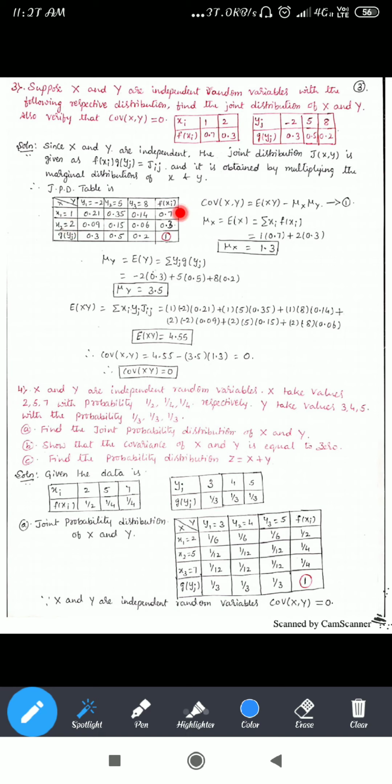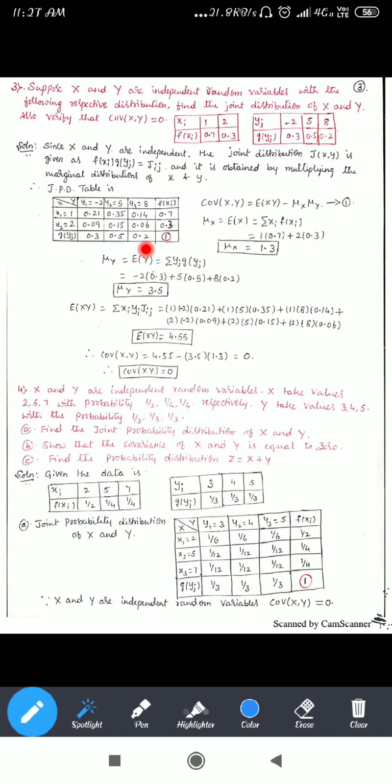So for x is equal to 1, f of x1 is 0.7. For x is equal to 2, f of x2 is 0.3. For y is equal to minus 2, g of y1 is 0.3. So y2 is equal to 5, 0.5, and 8, 0.2.